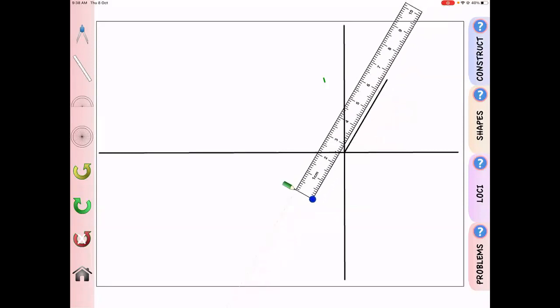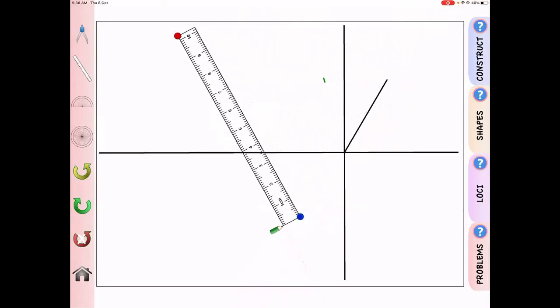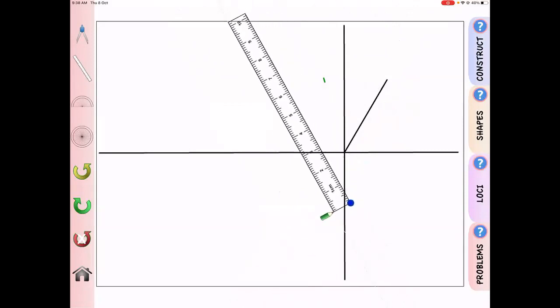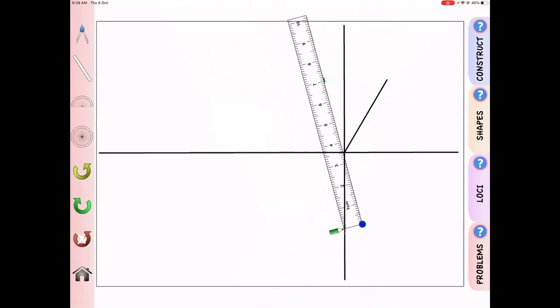Again, I can just rotate it here. So, sorry.